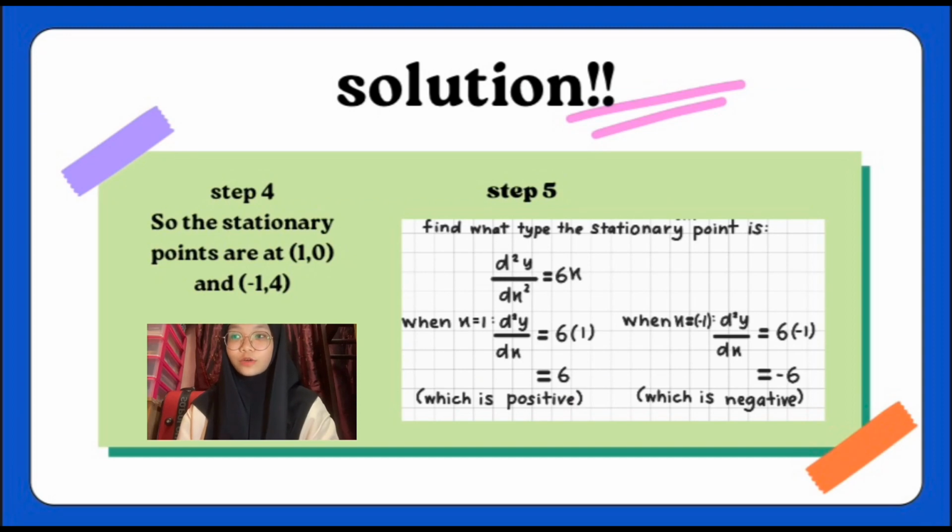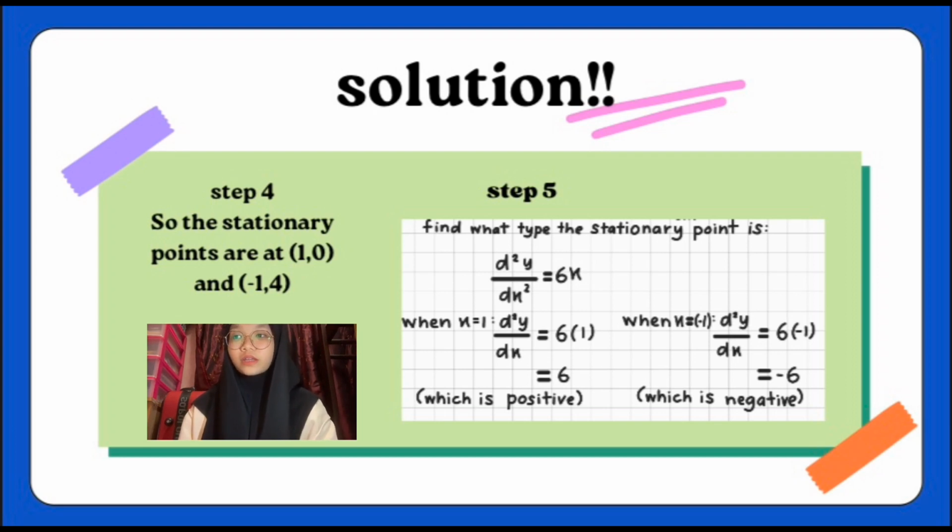Step 5, we want to find what type of stationary point it is. We already found the y value, now we want to use the x value. So we use the formula d square y per dx square to find whether it is a maximum, minimum or inflection point. So d square y per dx square equals 6x.